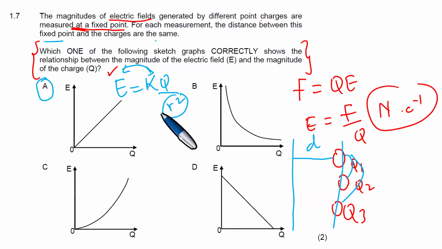The distance between them is fixed, and therefore you're able to see a direct relationship there. So option A is the very correct one. So very well done. Move on to the next question.